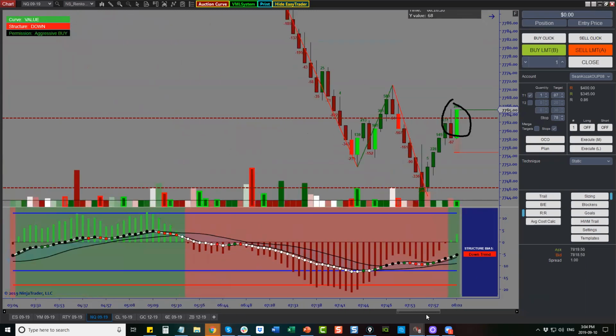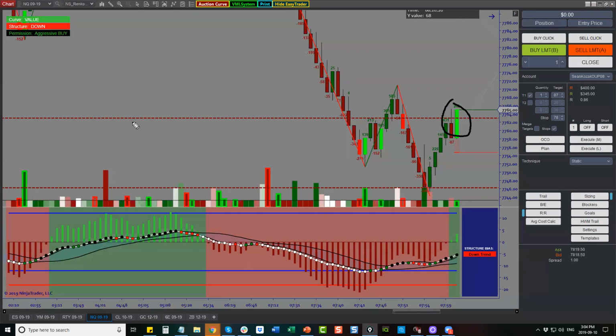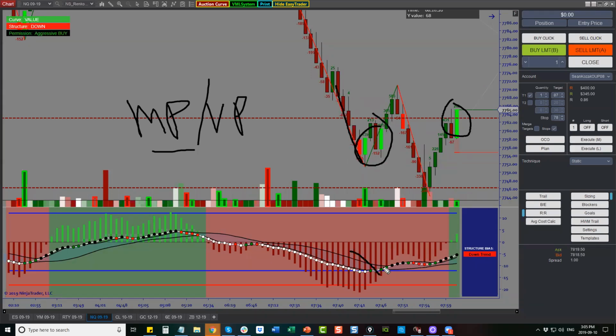Yes, there was other positive delta, but that bar was significant. And what's important is that bar is significant at a market profile, volume profile level. We were here. There was other deltas here. Didn't get the reason to enter on momentum. We had momentum on our side here.